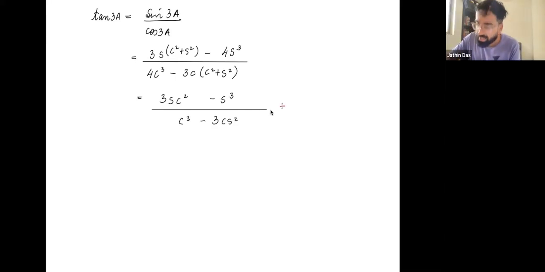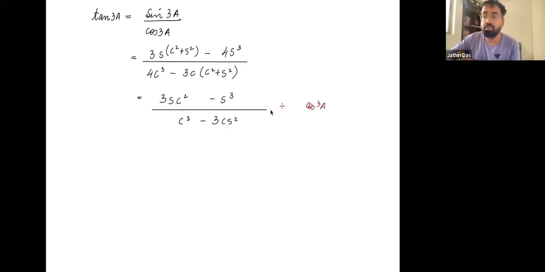Now you tell me what should I divide? Divide by what so that I'll get in terms of tan? Sin cube I should divide by what to get tan? cos cube. Correct. So entire thing cos cube. Okay. So 3 sin by cos cube minus sin cube by cos cube.